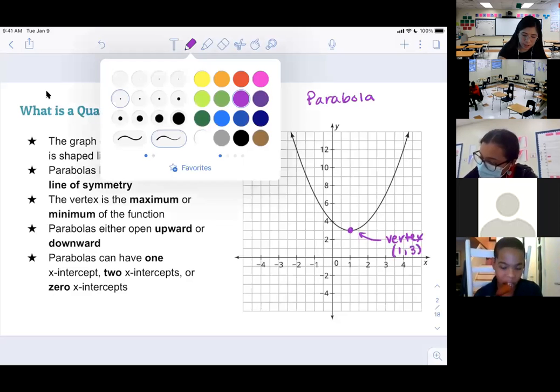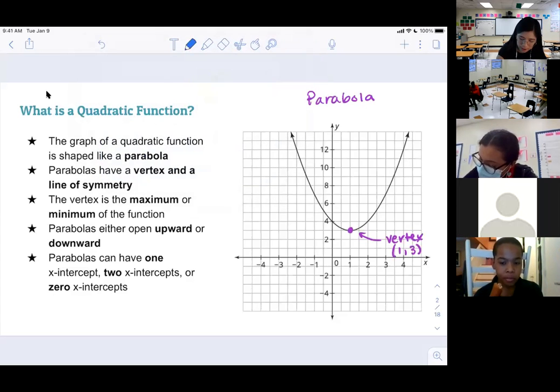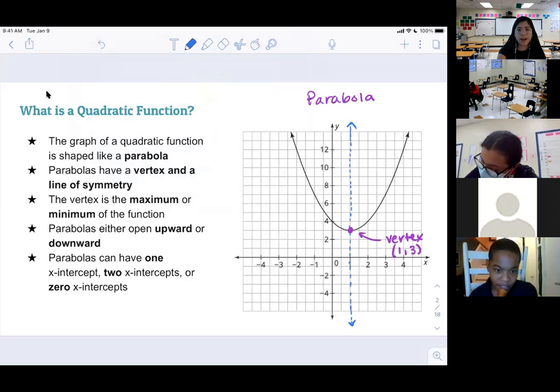And it has a line of symmetry. So that line of symmetry cuts the parabola in half right through the vertex. And that line of symmetry has an equation associated with it as well. So does anyone remember what the equation for this line of symmetry will be?